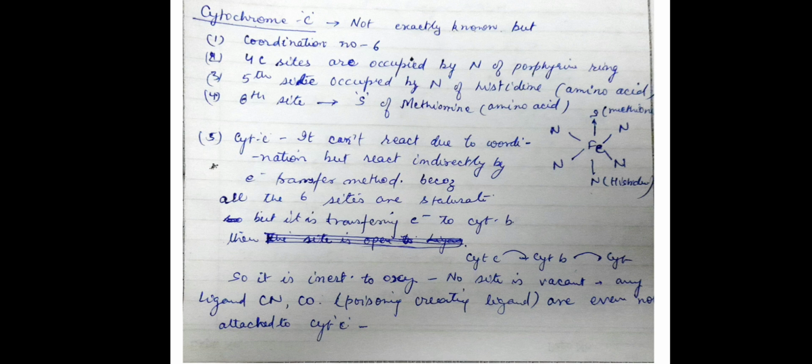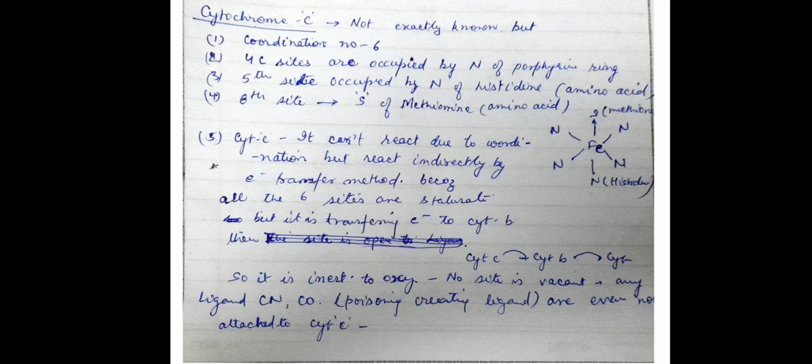So the character of this 5th nitrogen is different from these 4 nitrogens. The 5th site is occupied by nitrogen of histidine. The 6th site is occupied by sulfur of methionine, again an amino acid. This is an iron sulfur protein.